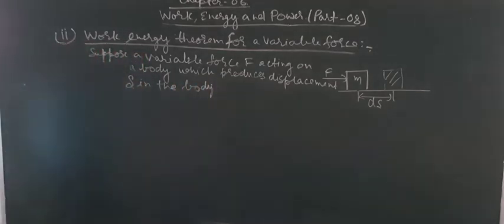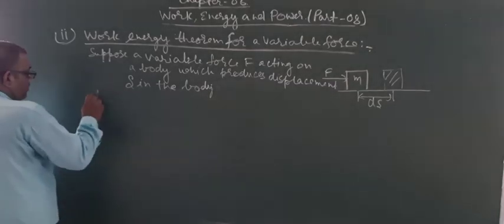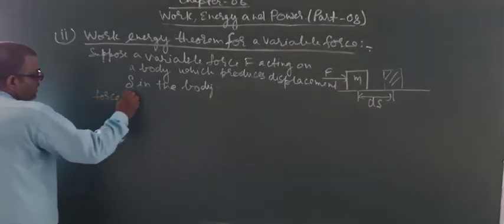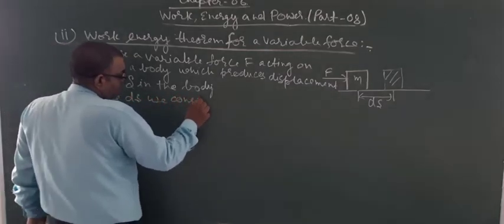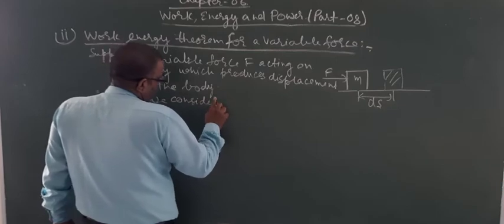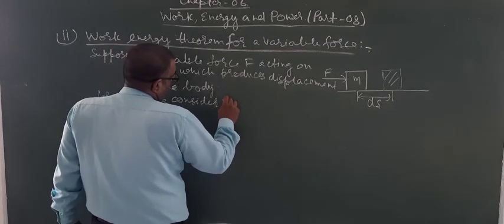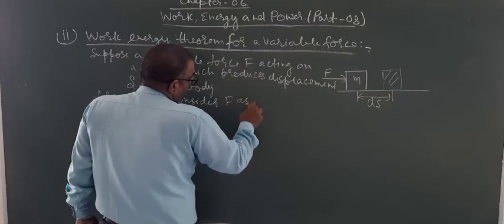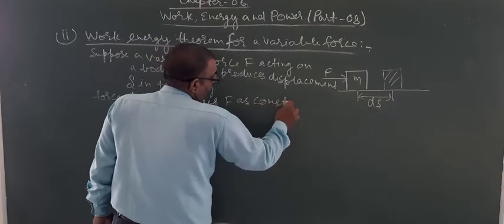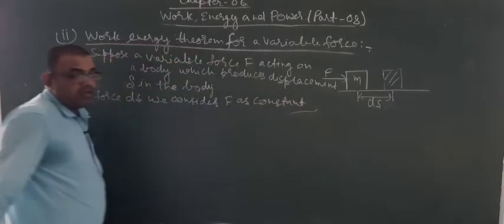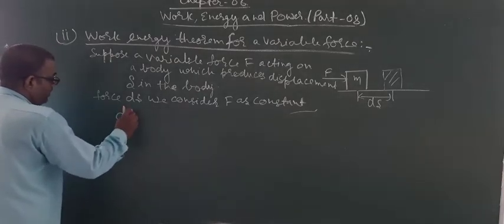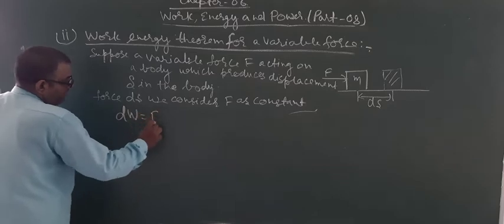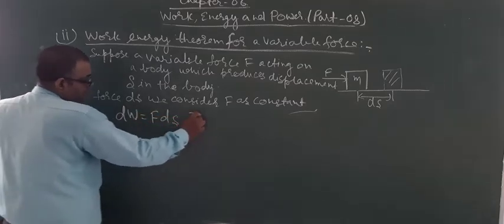So for a small displacement ds, we consider F as constant. So we will calculate dw is equal to F into ds cos theta, where theta is equal to 0 degree, because force and displacement are in the same direction.